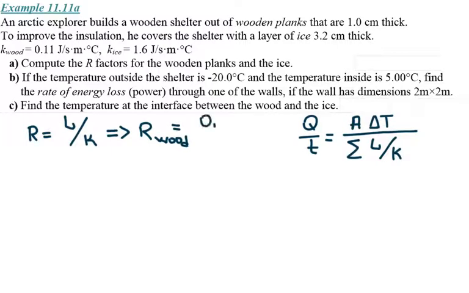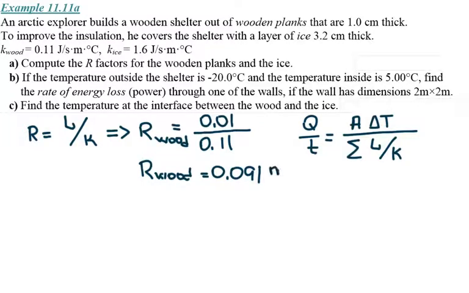The thickness is 0.01, since it's 1 centimeter, divided by K for wood, which is 0.11. And that gives me the R of wood equal to 0.091, measured in meters squared seconds degrees Celsius per joule.